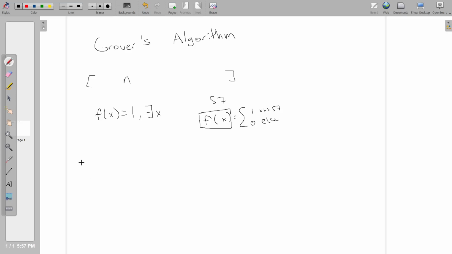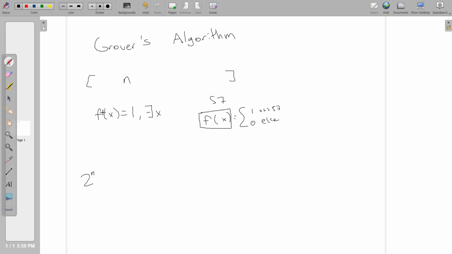We have an equal superposition of however many states we have, 2 to the n states for n qubits, and it maps each state to a query. For example, if you're looking at a list, the state 0 would be the first element, the state 1 would be the second element, and so on.